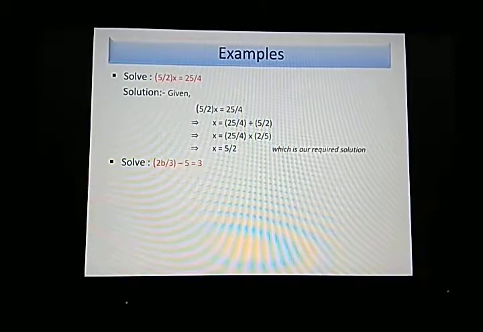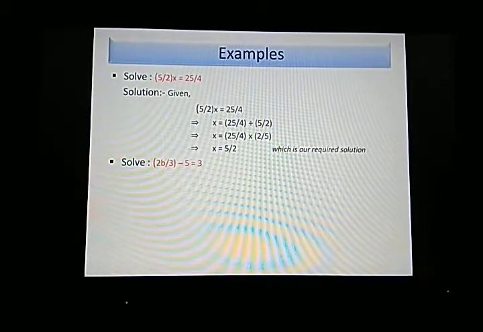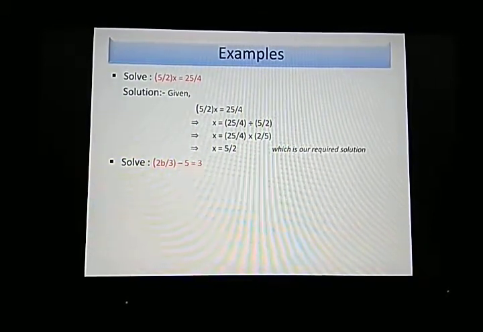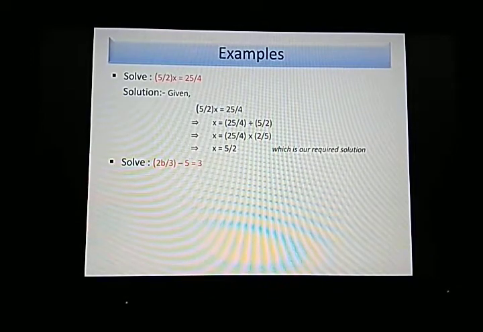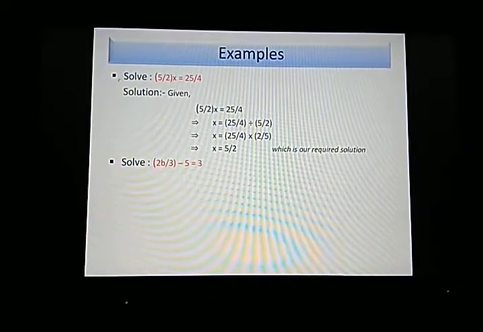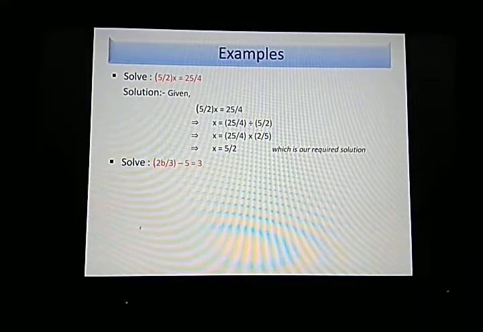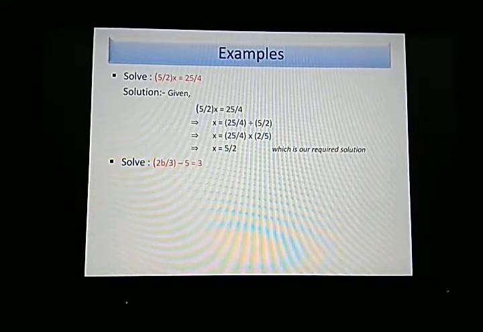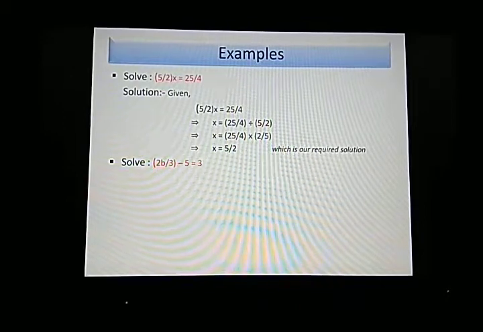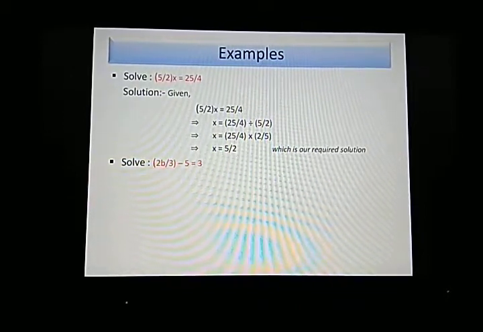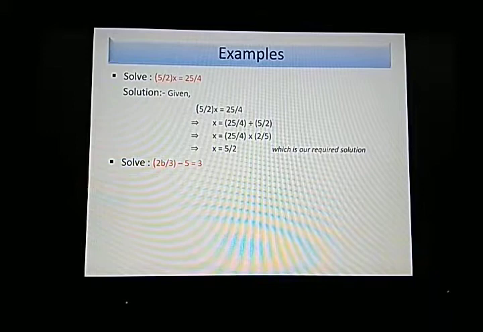Now the next one involves not only fractions but also the subtraction operation. So let us see how to do that. 2b by 3 minus 5 is equal to 3. Now here it looks complicated, but it is quite simple.